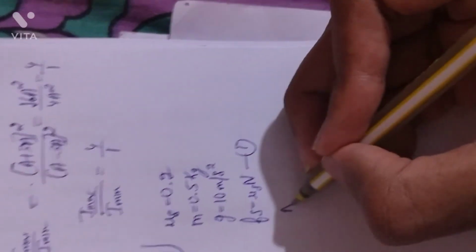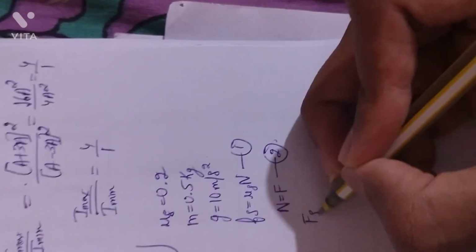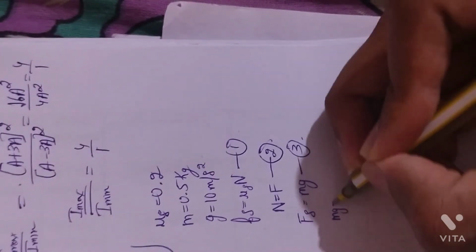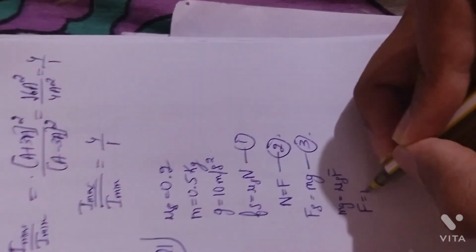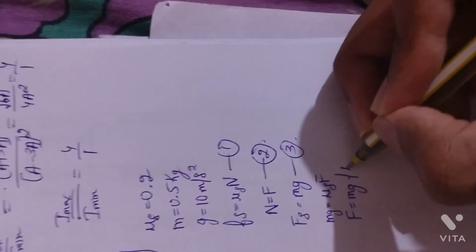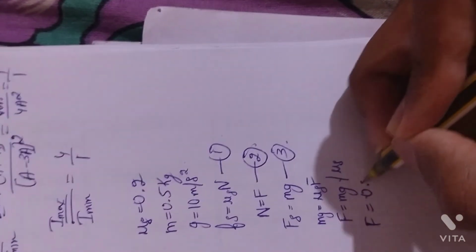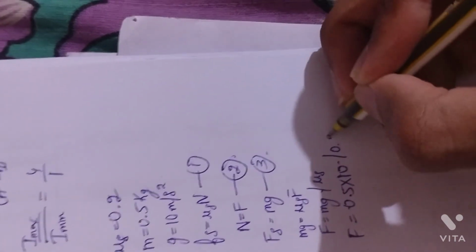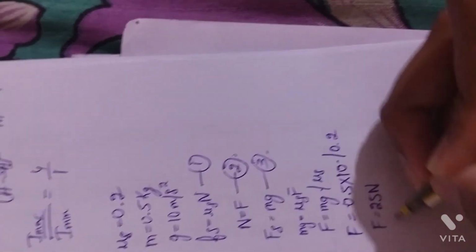So therefore N is equal to F. So therefore fs is equal to mg, equation 3. So mg is equal to mu s F. So F is equal to mg by mu s, that is F is equal to 0.5 into 10 by 0.2. So therefore F is equal to 25 Newton is the answer we get.